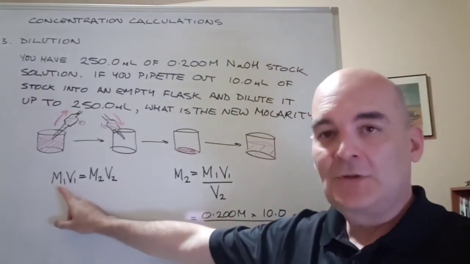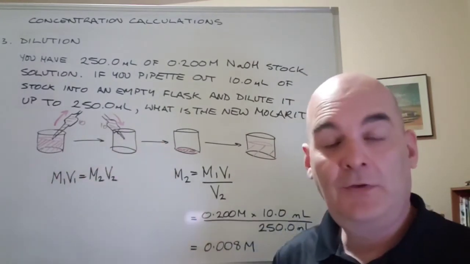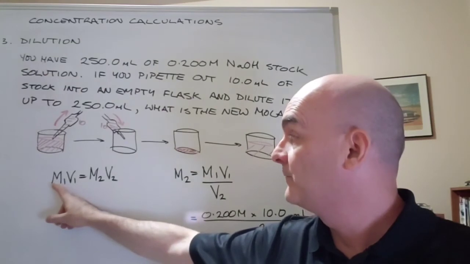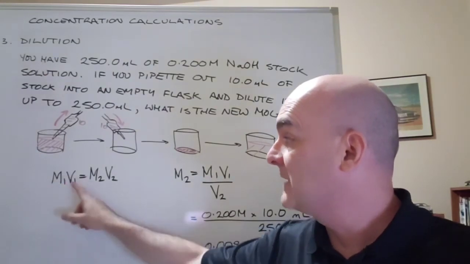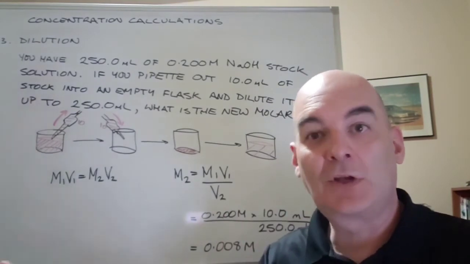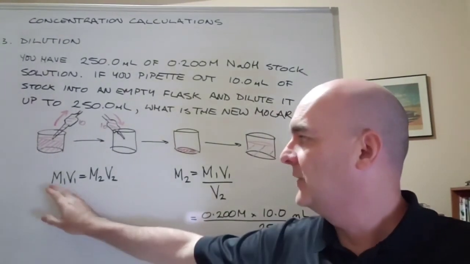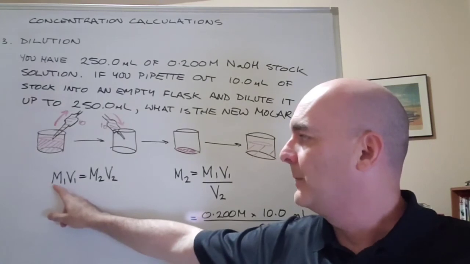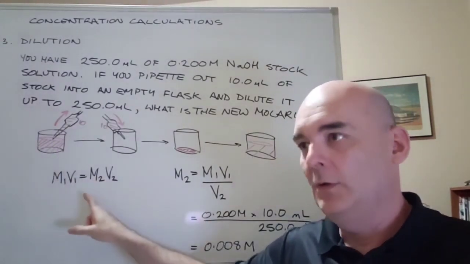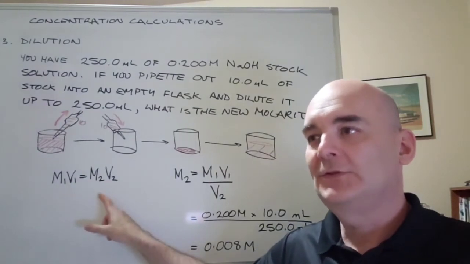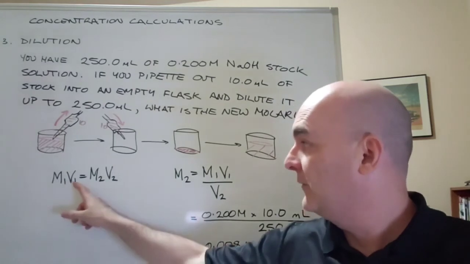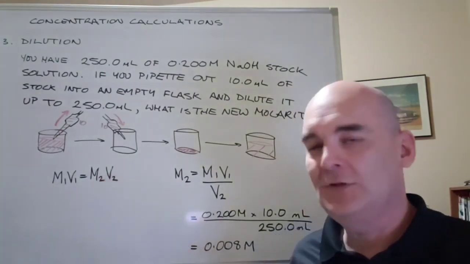Well, we saw in a previous example that molarity times liters is moles. And because that's going to be the same on both sides, the molarity times volume that we start with is equal to the molarity times the volume that we finish with, so that M1V1 equals M2V2.